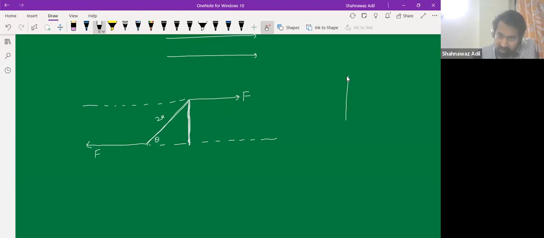You have this triangle. This is theta, this is the hypotenuse, and this is the perpendicular. So what trigonometric ratio relates the perpendicular with the hypotenuse? Can you recall?